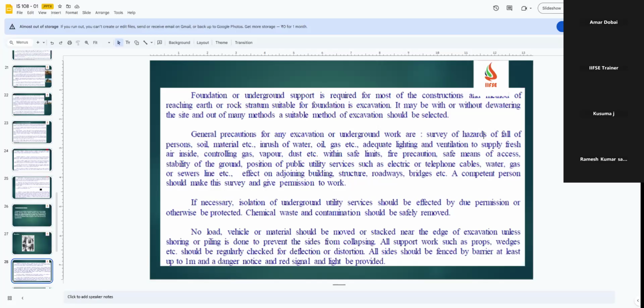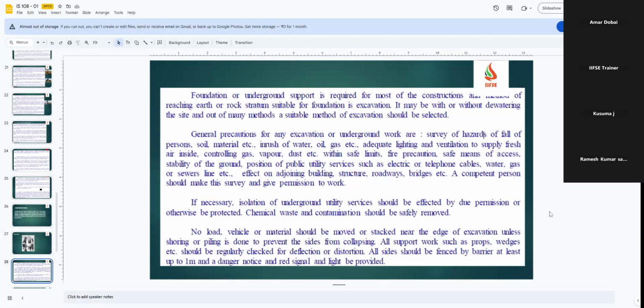In the other case, within the premises, it mostly depends on the projects and maintenance team, so that they will know the routing of the cables and also the utility pipelines which are passing through the site location. If necessary, isolation of underground utility services should be effected by due permission or otherwise be protected. Chemical waste and contamination should be safely removed.